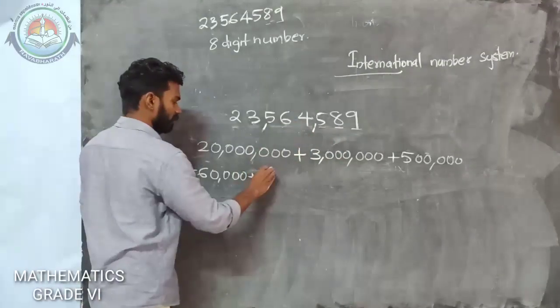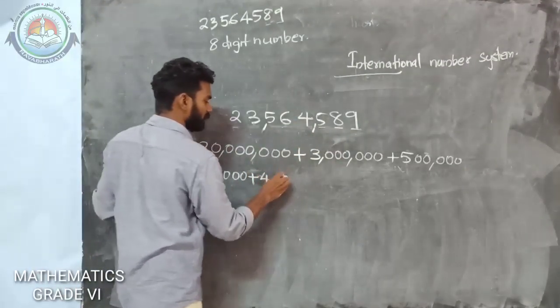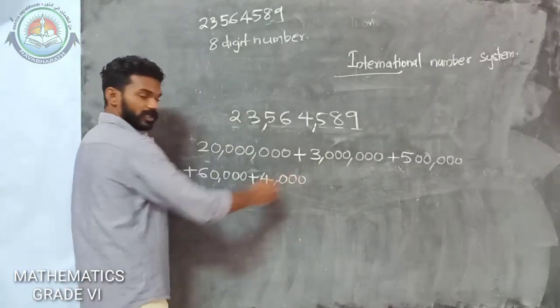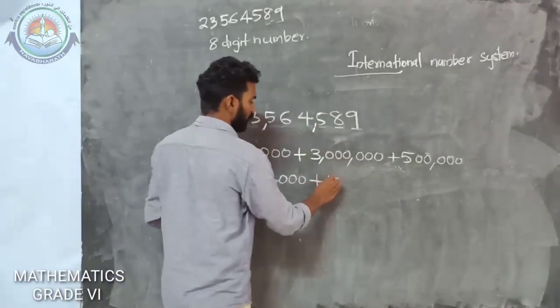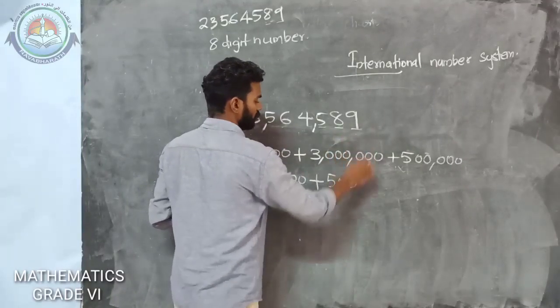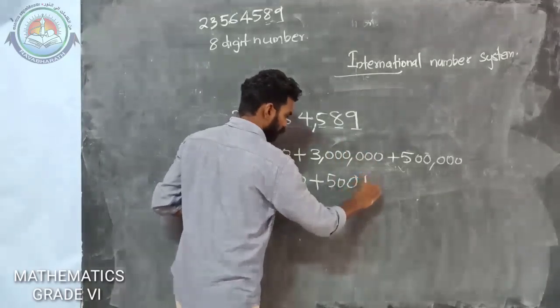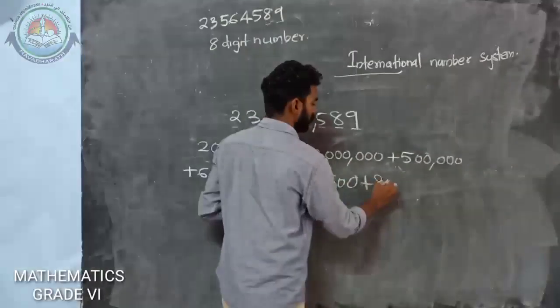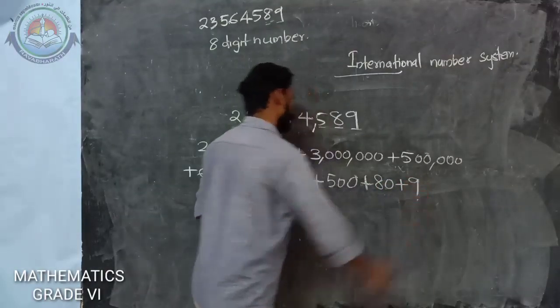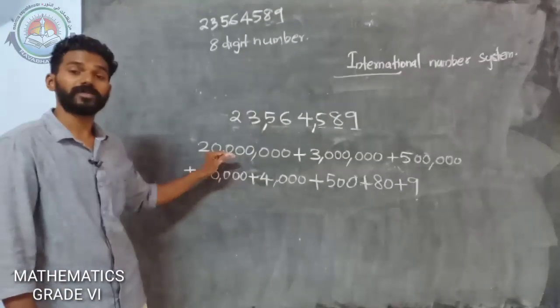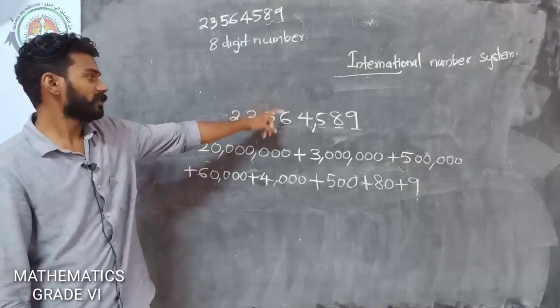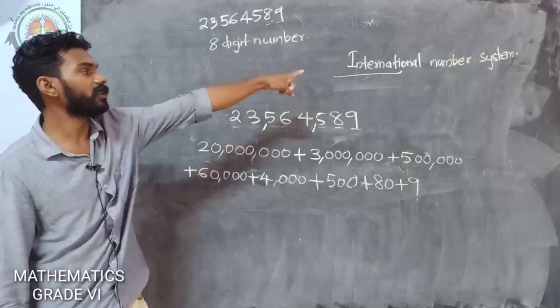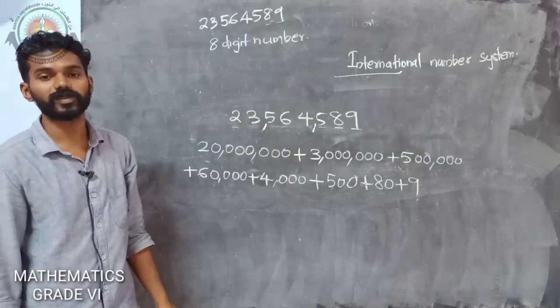What is next? 4, comma, how many zeros? 3 zeros represents 4,000s. Again a plus. 5, 2 zeros. Again a plus. 8, 0 plus 9. This would be the expanded form of the given number in the International Number System.